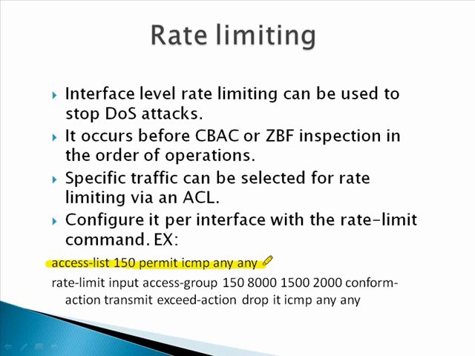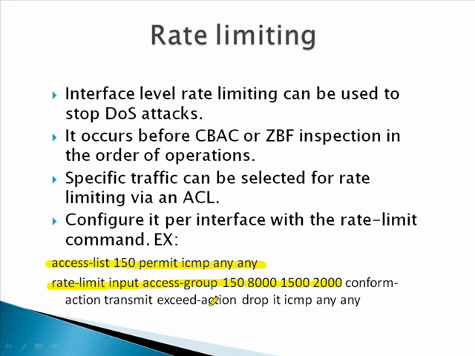Really simple. I just want to rate limit ICMP traffic. It's not shown here, but this rate-limit command is per interface. So you're going to go to interface serial 0/0/0 for example. Rate limit input traffic coming into the interface, if it matches access group 150, and then you're rate limiting it to bits per second, burst, peak burst.